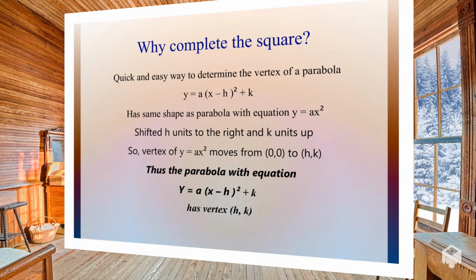We know its vertex is at the origin, which indicates that it's shifted h units to the right and k units up. So the vertex of y is equal to ax squared moves from the origin to h comma k. And so we can conclude that the parabola with equation y is equal to a brackets x minus h all squared add k has vertex h and k.